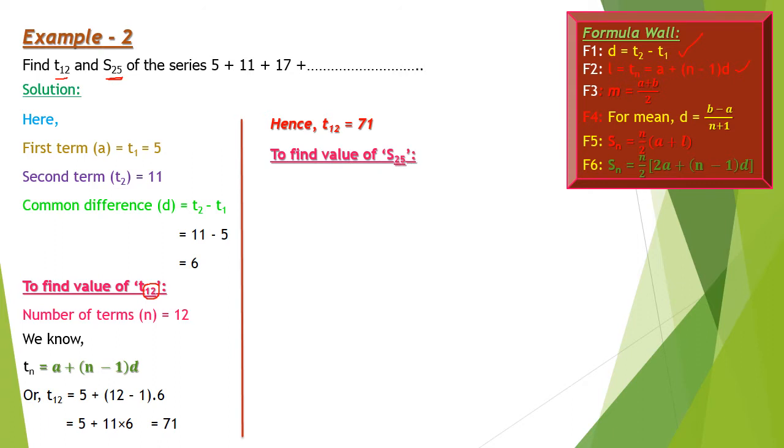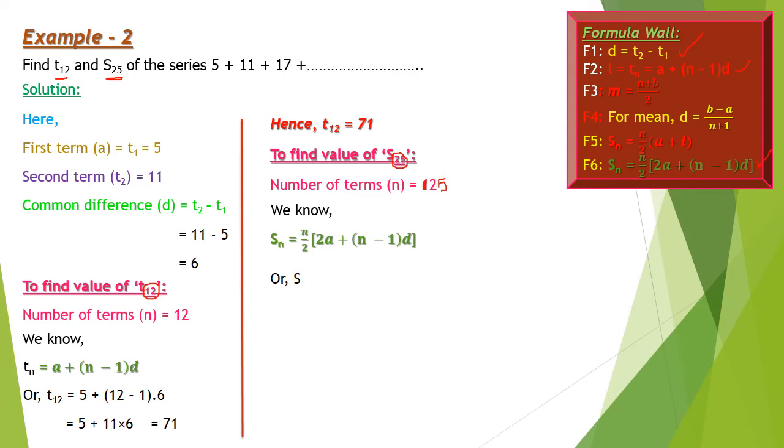Now to find the value of S25, our n is 25. So the number of terms is not 12, it's 25. We know the formula, that is formula 6, and we are going to apply this formula.